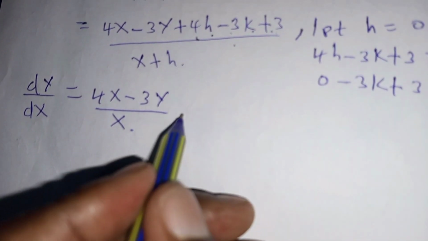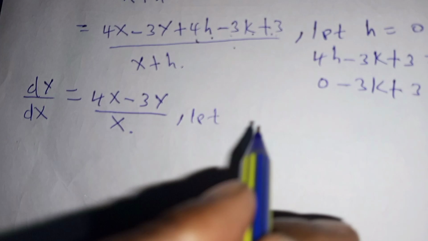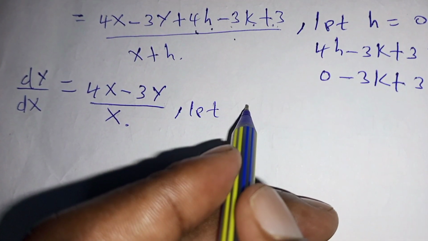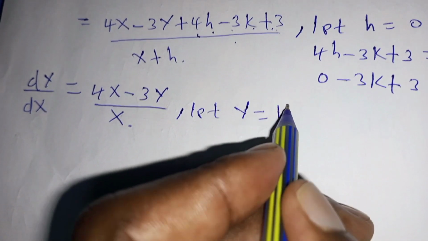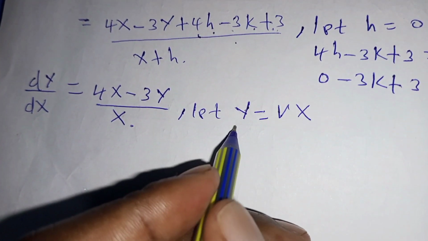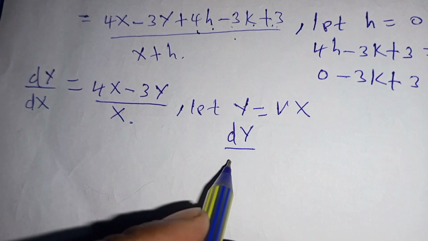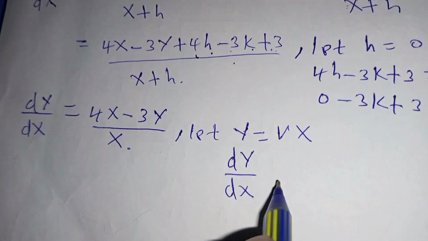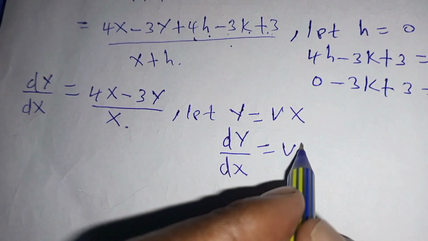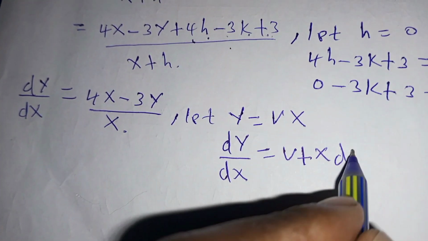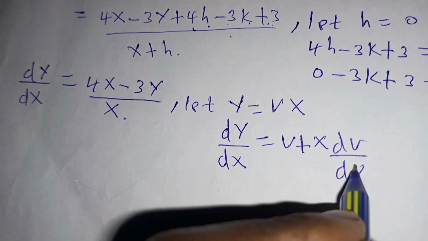So we are going to solve it by letting capital Y be equal to vx, then dy over dx is equal to v, differentiating both sides of this equation, plus x dv over dx.